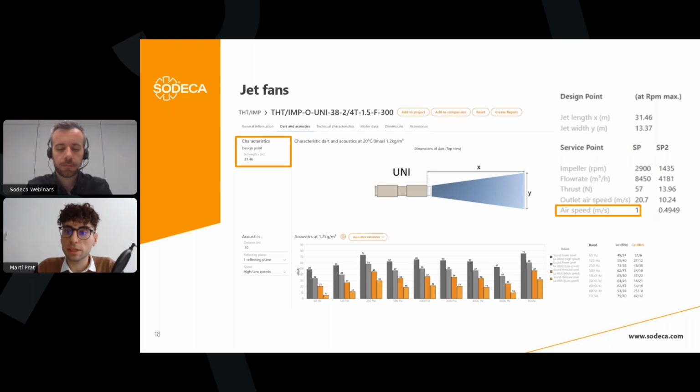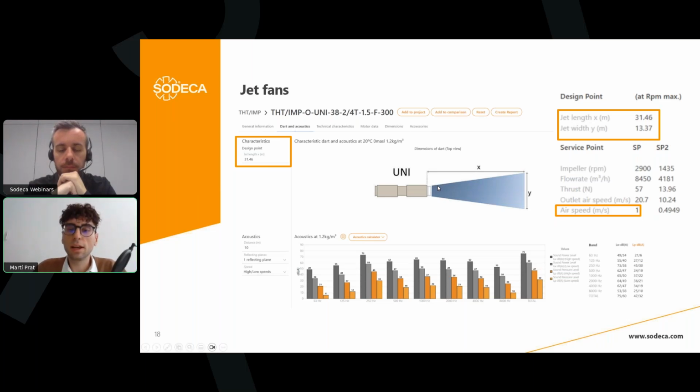In QuickFan, which is a tool that you can download at SODECA.com, we can get all the information, all the characteristics of the jet fans. In this case, what we want is to get the data of the cone of the jet, in order to draw it when doing the jet fans layout.